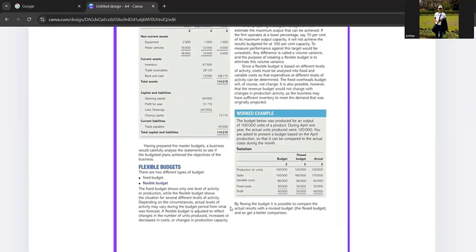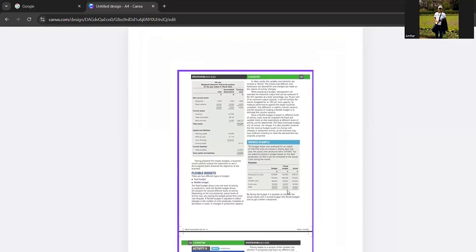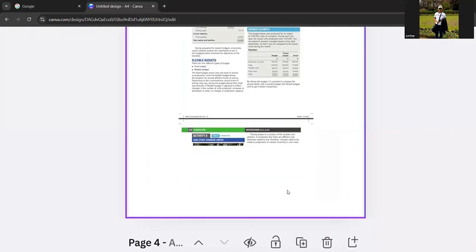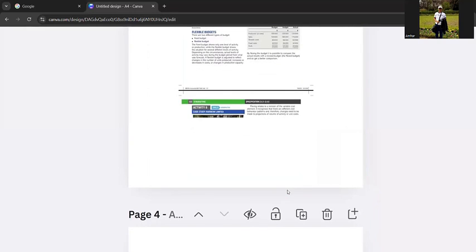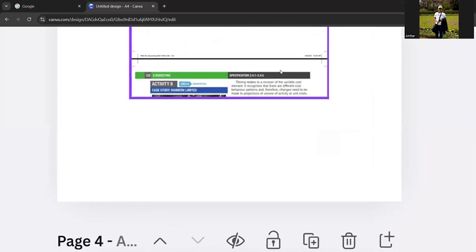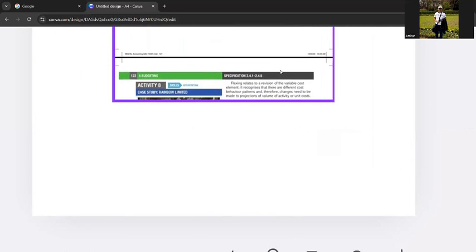So we will be able to compare the difference so that we can give a better conclusion. That's all in this flexed budget. Did you understand this? Yeah, I understand that. And also another small part, they're saying flexing relates to a revision of the variable cost element.